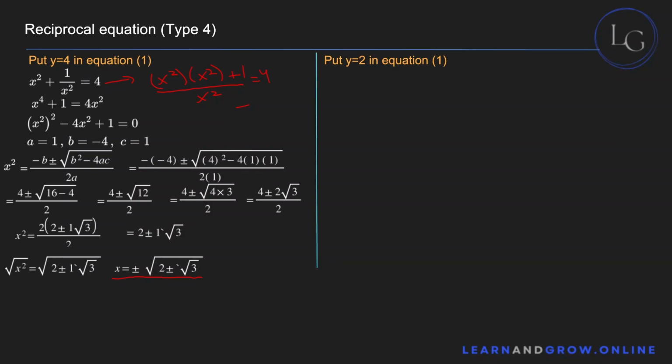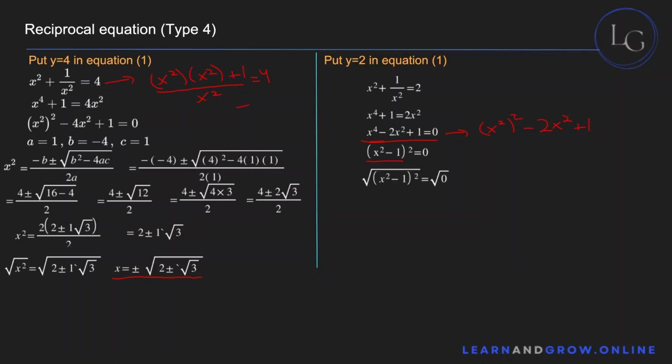Now, when you plug in y is equal to 2 in the same equation, you'll get this equation here. Now, this basically just turns into this. Well, how? Because if you take it as x squared whole squared minus 2x squared plus 1, now you can see that this converts into this.